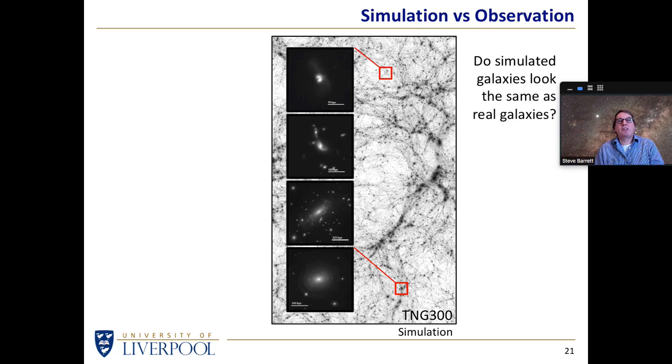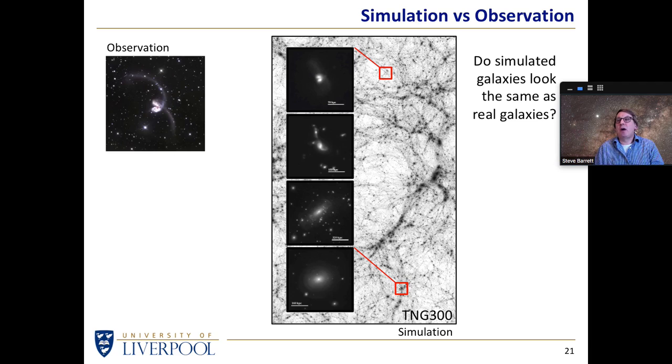But we can ask ourselves the question, are the galaxies that are generated in this simulation, do they look the same as real galaxies? Do they look anything like the galaxies that we would see if we look out into the observable universe? Well, here we have a few examples, and if we look at observations, we can find galaxies that look a little bit like the one in the top panel there.